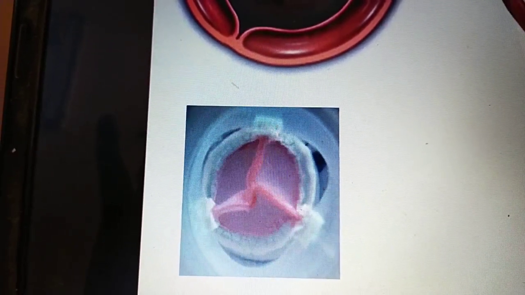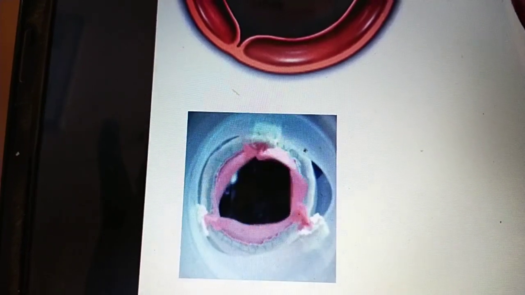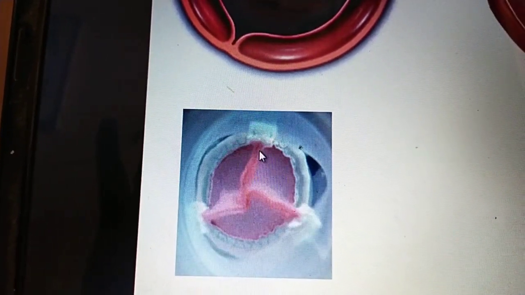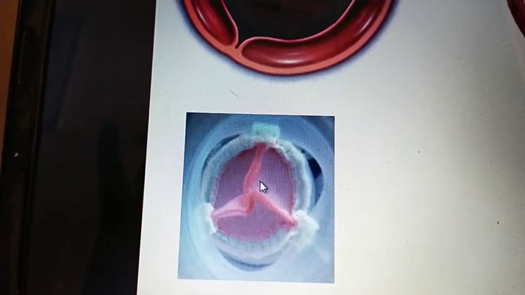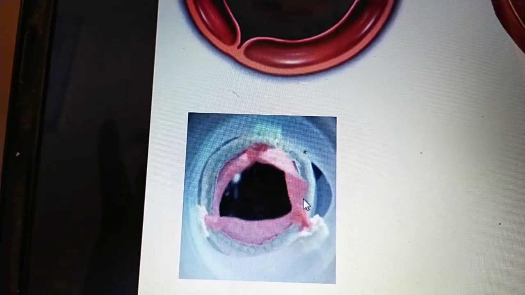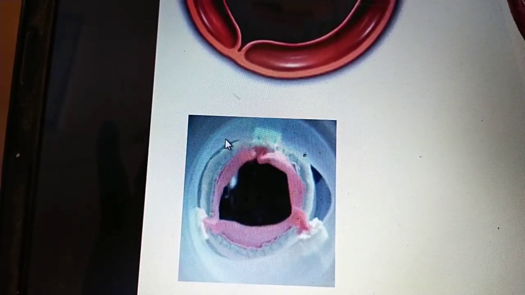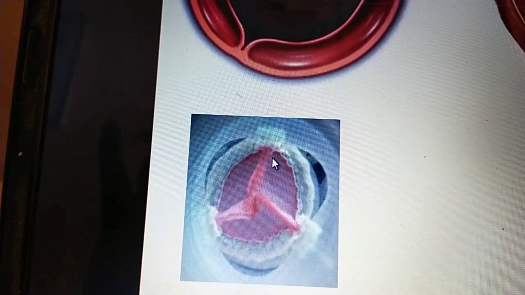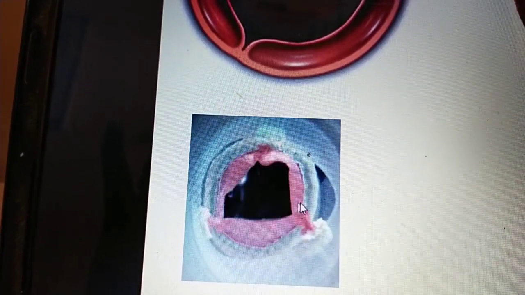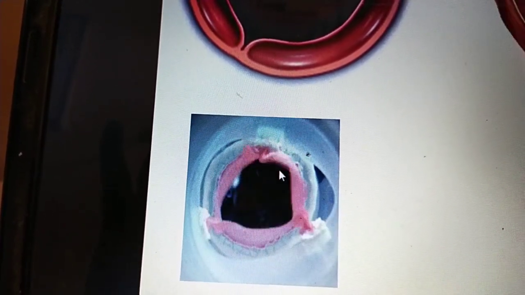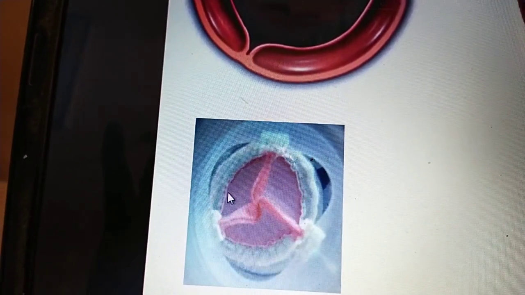When these leaflets contract, they form cup-like or pocket-like structures. Those pocket-like structures are called the cusps of the valve.